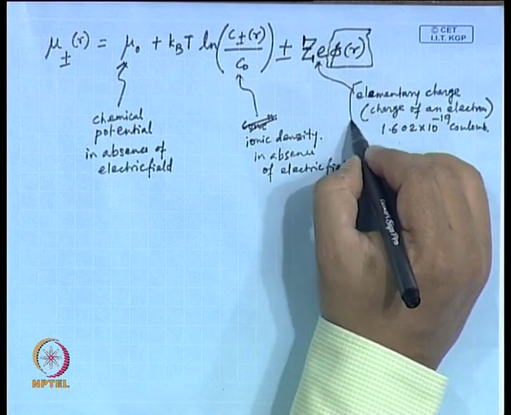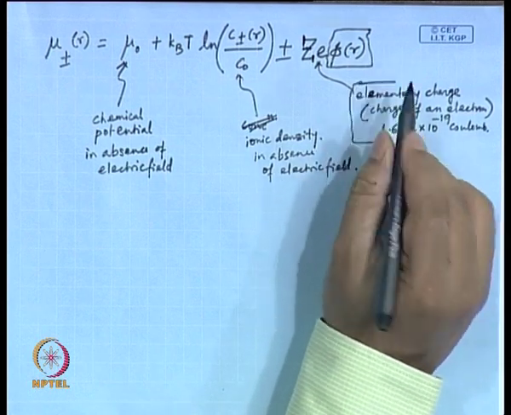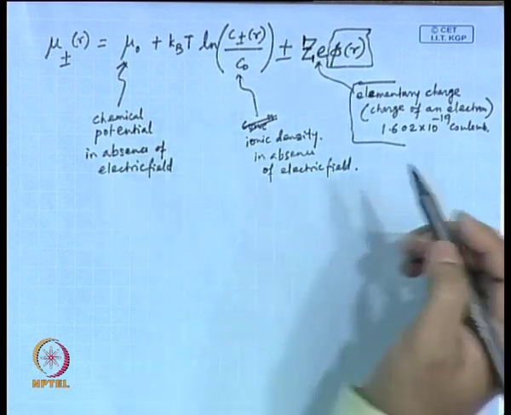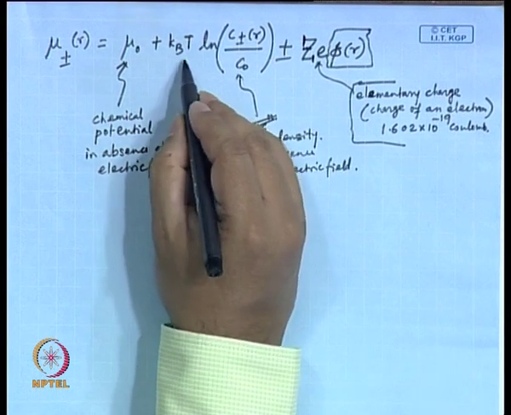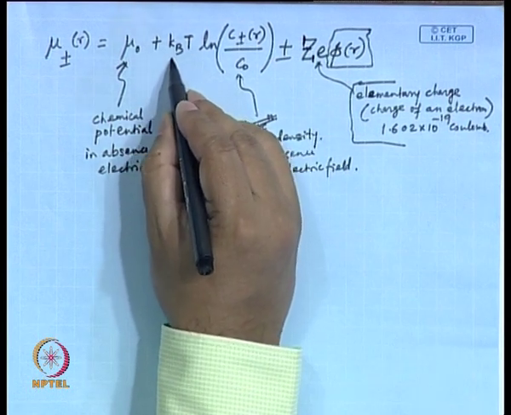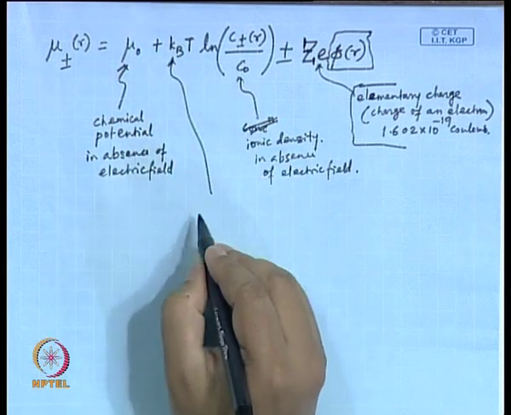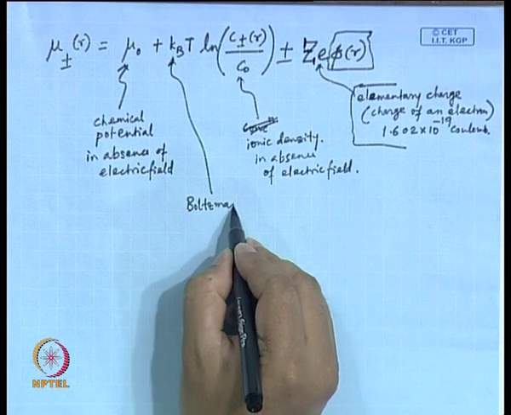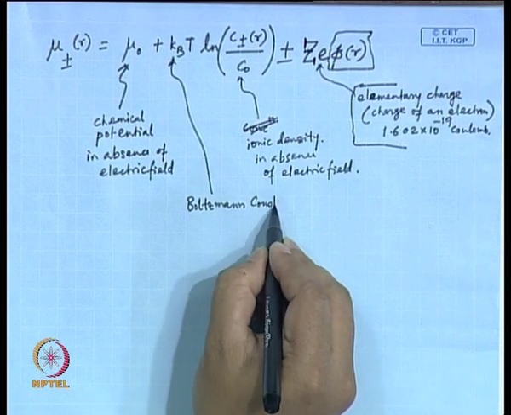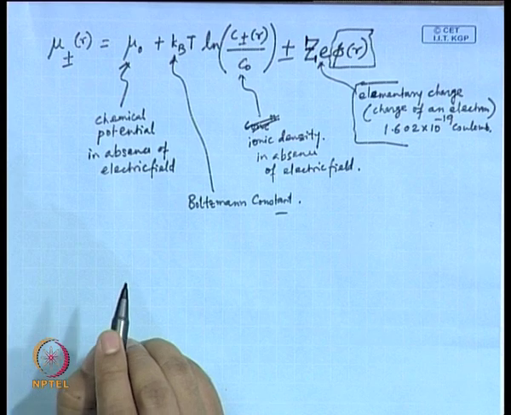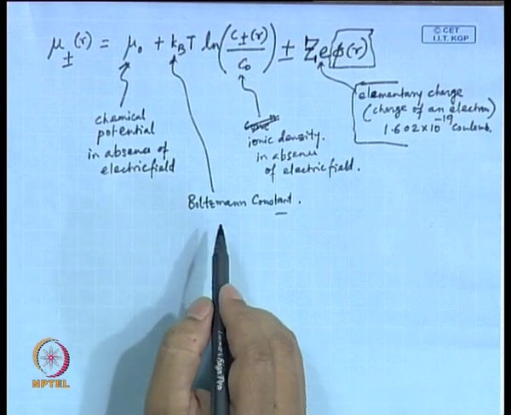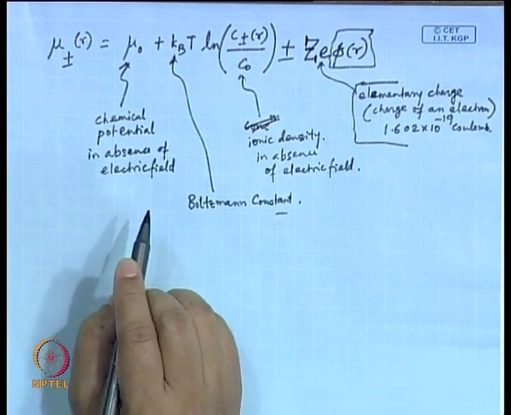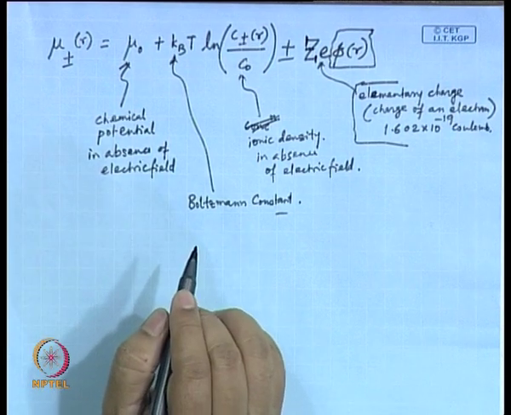Then we have this T, which is absolute temperature. You know what T is, and Kb is Boltzmann constant. I have already given you the value of Boltzmann constant before, so I do not write it here.